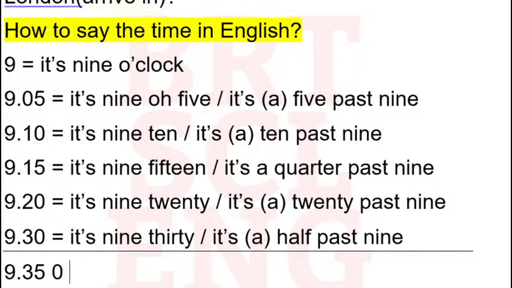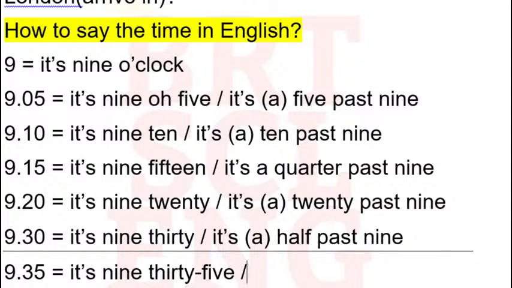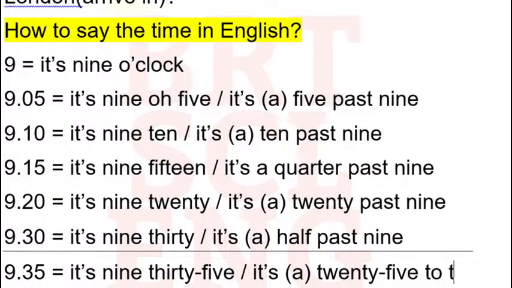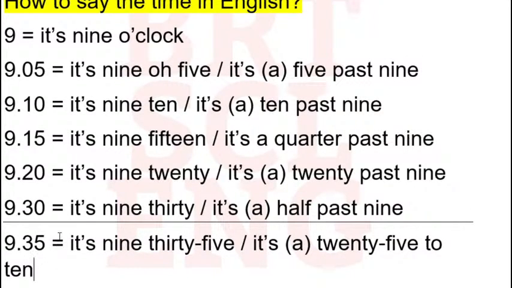9:35. You can say it's 9:35, or you can say it's 25 to 10. Let's put a hyphen there. So it's 25 to 10.